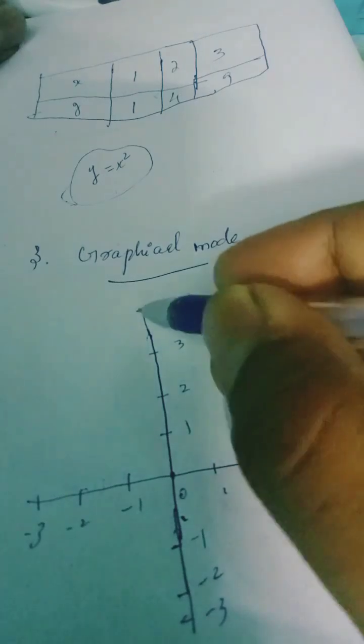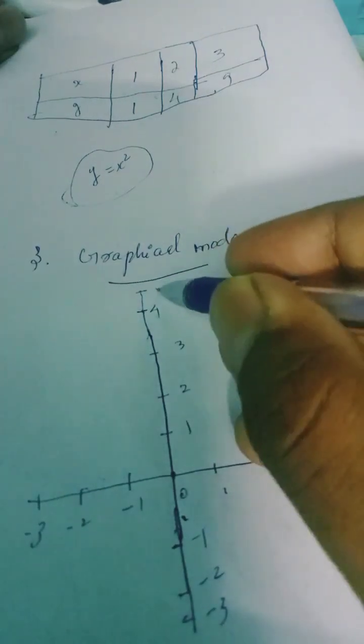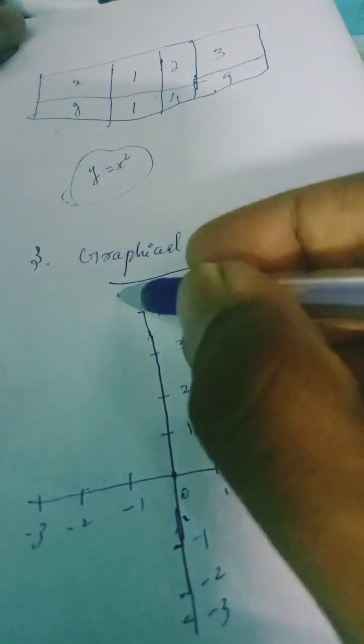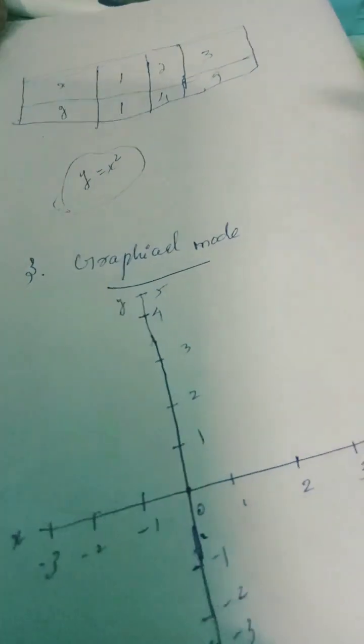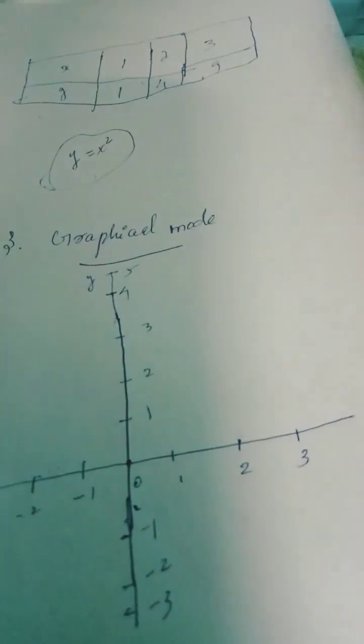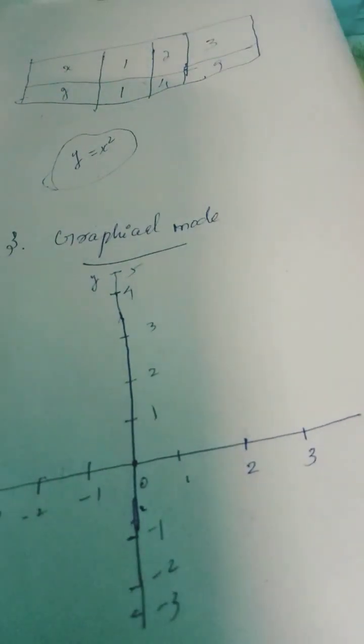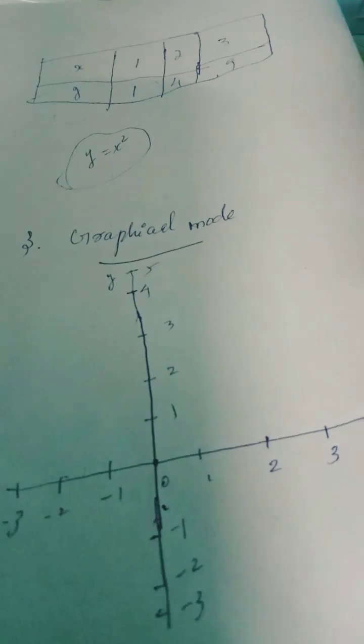4. And this is the y-axis and this is the x-axis. So I am going to plot a relation on this graph.